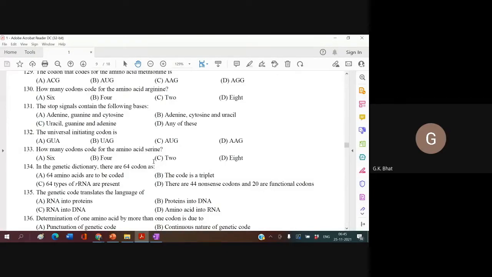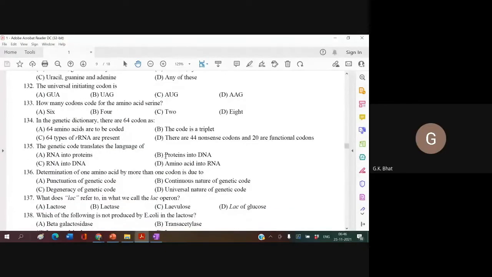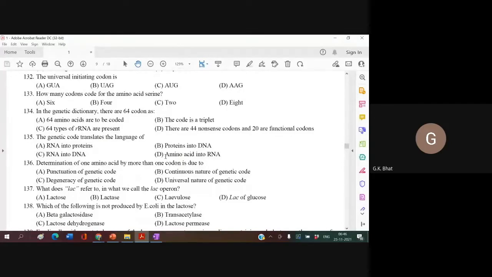It is very, very important. You must learn this genetic code by heart. Remember. 131. C. 132. C. 133. How many codons code for the amino acid serine? 6. Here also again. UCU, UCC, UCA, UCG, AGU, AGC.